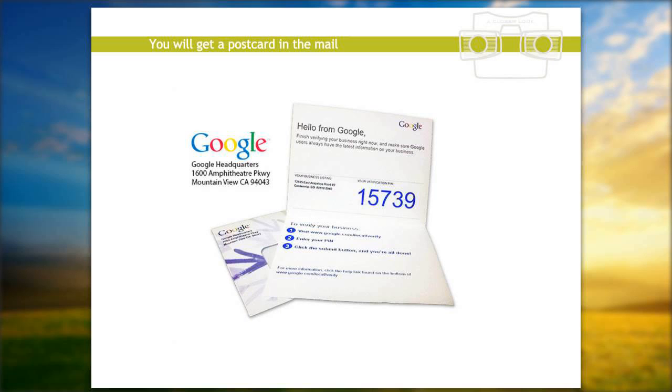And if you do get a postcard, this is pretty much what it looks like. And it makes you feel really important getting a postcard from Google with some numbers in it. Well, it did for me anyway. Then you just log in and put in those numbers, and Google knows, okay, yes, there really is a real live you and a real live business operating from that place.